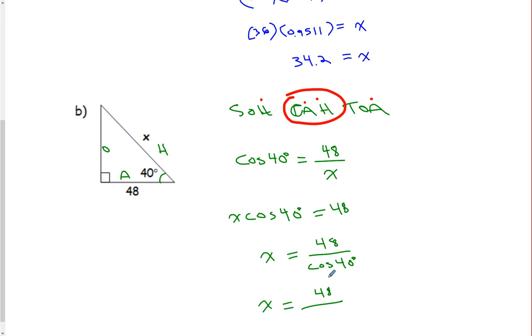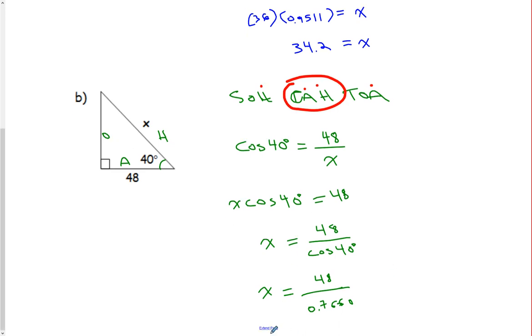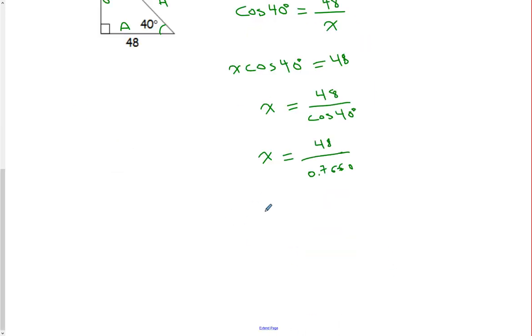Cos of 40, I don't know what that is, but I'm going to find out. Cos of 40 is 0.7660. Again, if you just like leaving it as cos of 40 when you type it in your calculator, I've got no problem with that.